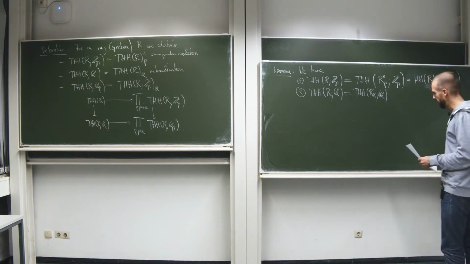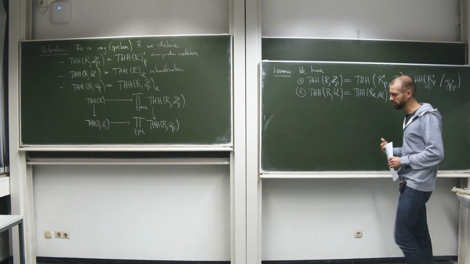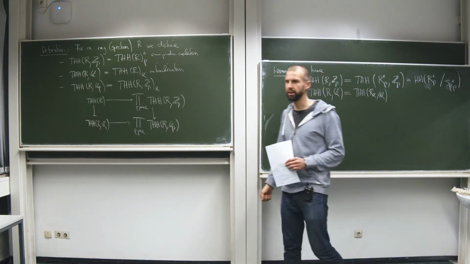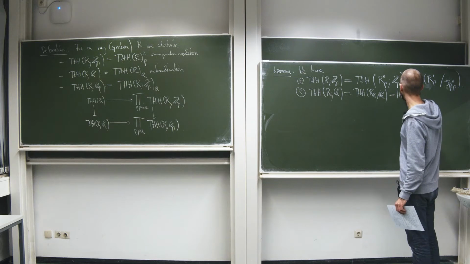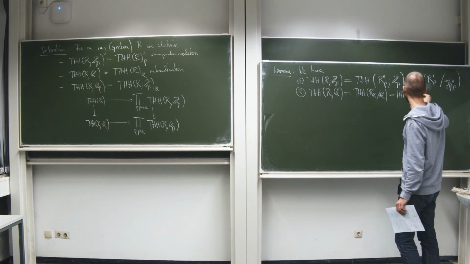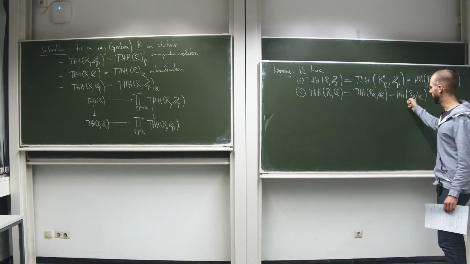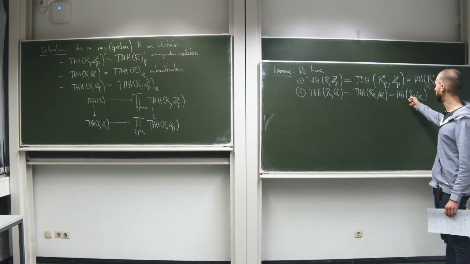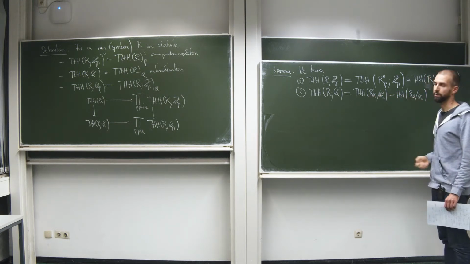And remember that the category of rational spectra is equivalent to the derived category of Q. So under this identification, this is also just Hochschild homology of the corresponding E1 algebra in the derived category of Q relative to Q, where abusively I don't distinguish between the rational ring spectrum and the object in the derived category.